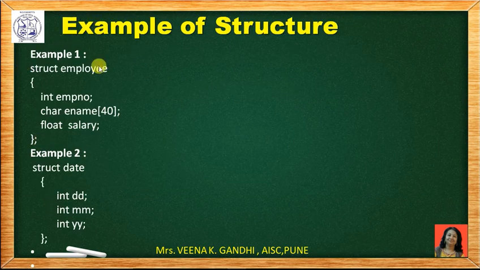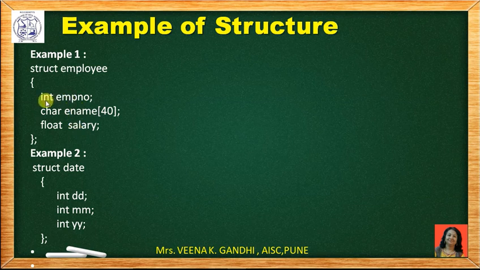Example of declaring a structure: struct. Suppose employee has the attributes employee number, employee name, and salary. So we can define a structure for the employee. struct employee is the tag name, or you can say the name for the structure. It includes, in opening and closing curly braces, 3 members: employee number, employee name, and salary.